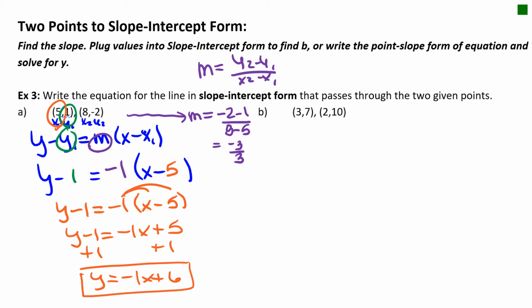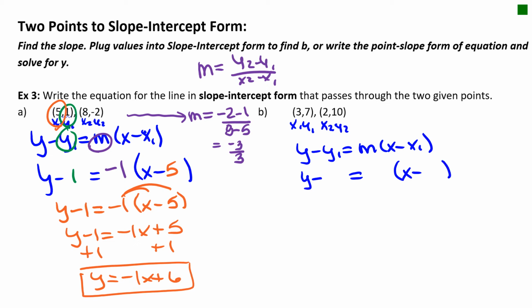All right, so I'm going to label these x1, y1, x2, y2. I'm going to go y minus y1 equals m times x minus x1. I'm going to go y minus, equals, x minus. I want y1. There it is, 7. I want my slope. Oops, I don't have it. Go off to the side.